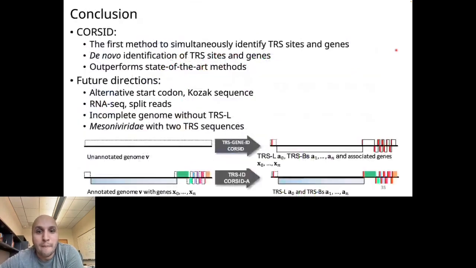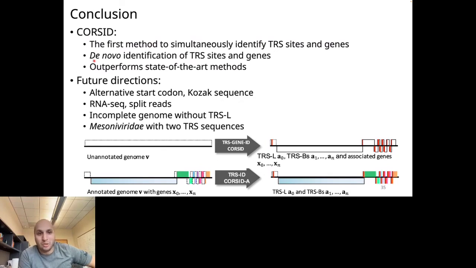And in conclusion, what we did here is we introduced CORSID, the first method to simultaneously identify TRS sites and genes. And the cool thing is it enables de novo identification of TRS sites and genes. The use case would be, you have a new coronavirus genome, you've never seen it before, so there's no annotation.